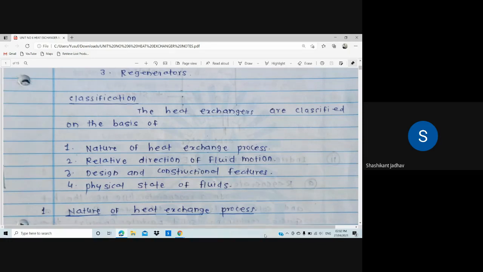Okay, so according to this we have to classify the heat exchanger. Then second, relative direction of fluid motion. Then third, design and constructional features.